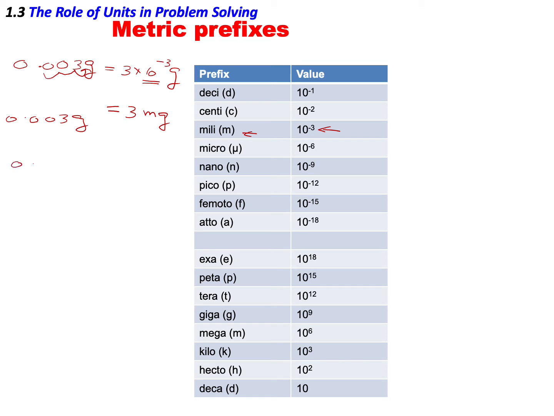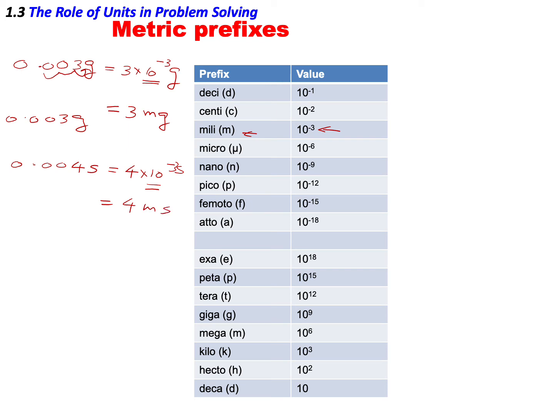Let me take another example, 0.004 seconds. You can write 4 times 10 to negative 3 seconds. Okay, so 10 to negative 3 is milli, so you can write 4 milliseconds.